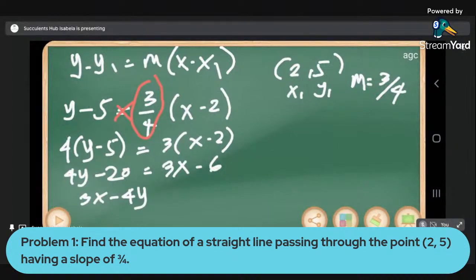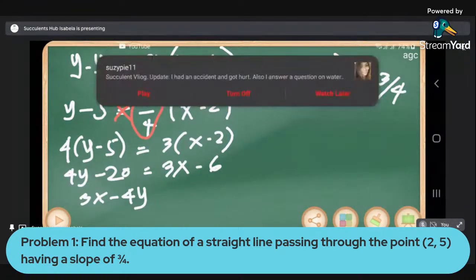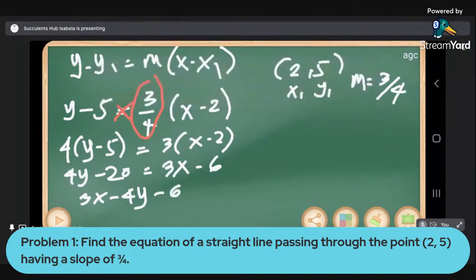Positive yan, nilipat natin sa kabila, magiging minus 4y is minus 6, then minus 20 is equal to 0. So the equation therefore of the line is 3x minus 4y minus 26 is equal to 0.